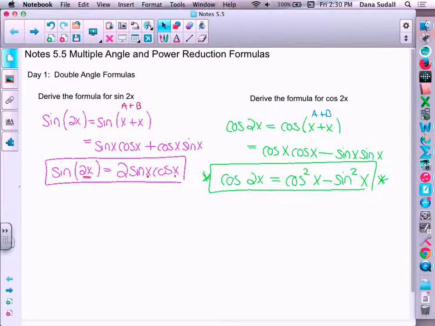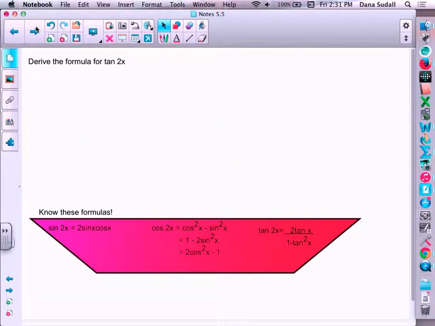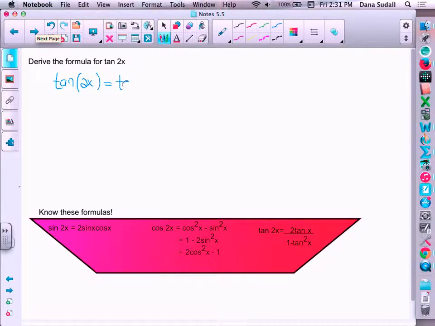And then finally, we'll do the tangent for 2x, much the same way. So tangent of 2x, we can rewrite that as tangent of x plus x. So that would be tangent of my first angle plus tangent of my second angle divided by 1 minus tangent of my first angle times tangent of my second angle.